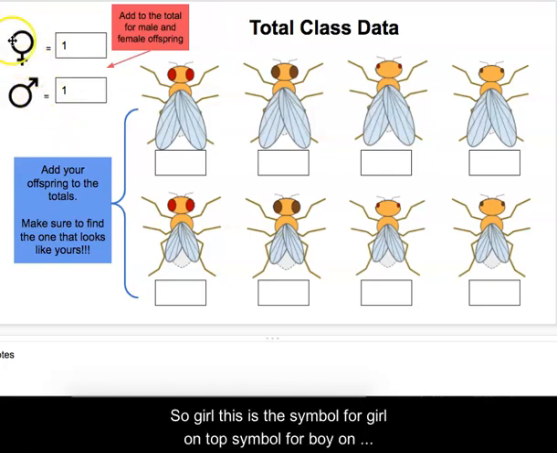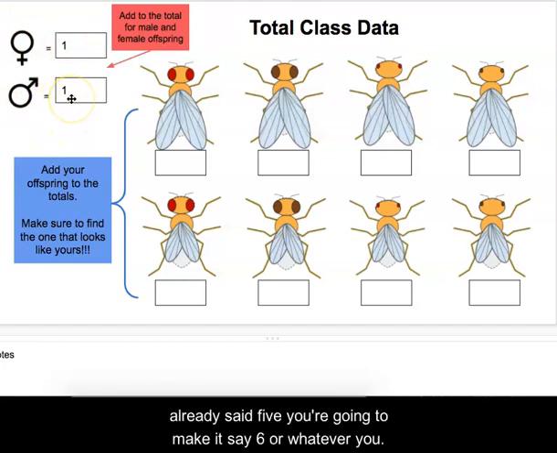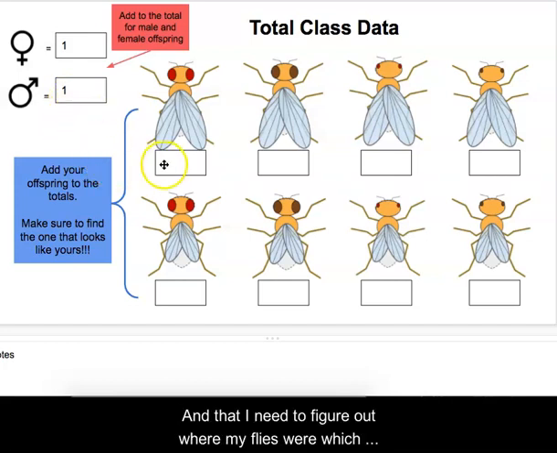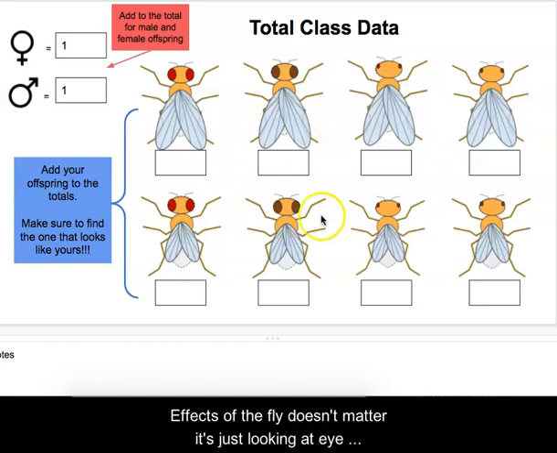So this is the symbol for girl on top, symbol for boy on the bottom, and you're going to add to the list. So if it already said 5, you're going to make it say 6 or whatever you need. And then I need to figure out where my flies were. Which ones did I have? And in this case on the right, the sex of the fly doesn't matter.